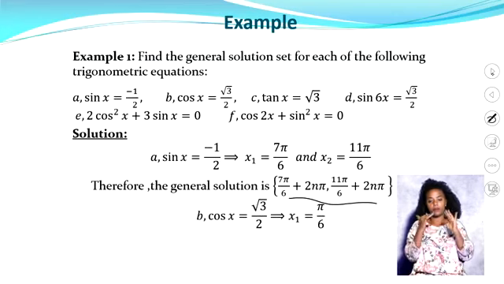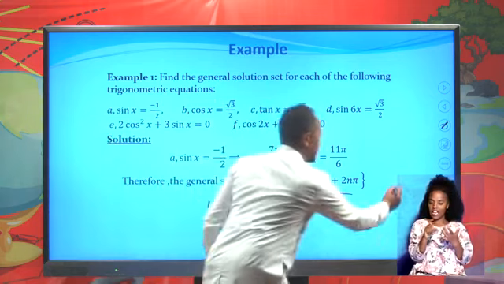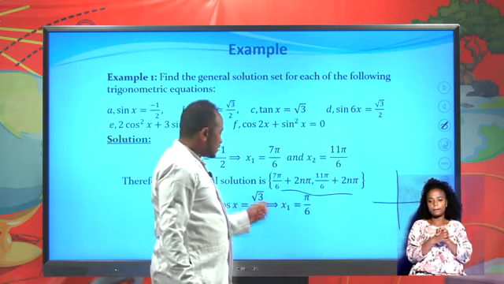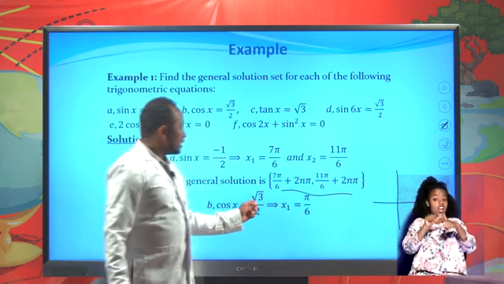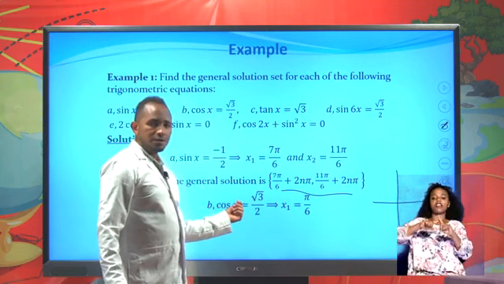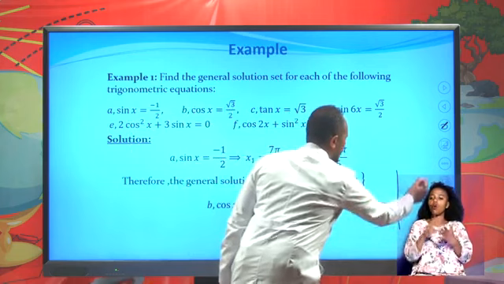Now, let's see this one, cos x is equals to root 3 over 2. For cos x equals to root 3 over 2, we need to find one particular solution. This special angle, cos inverse of root 3 over 2, is 30 degree. Cos 30 gives you root 3 over 2. We have 30 degree here.